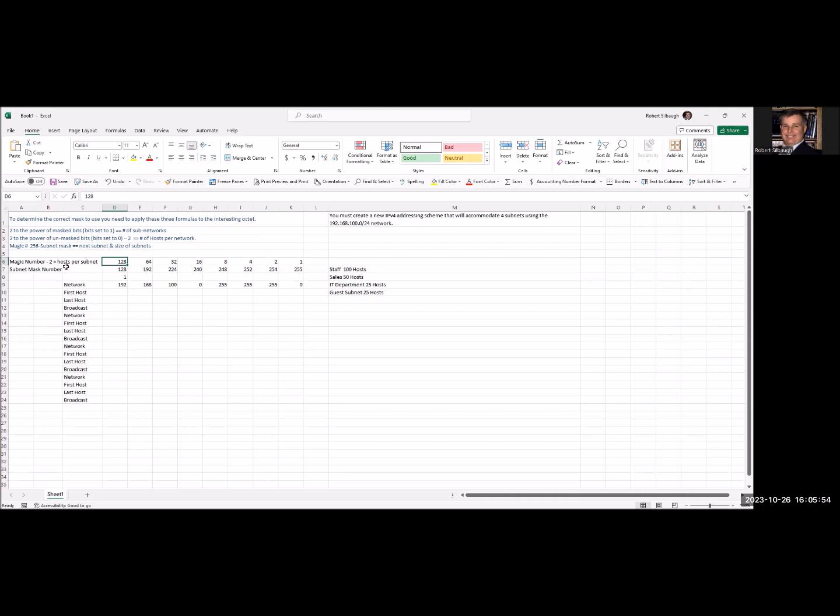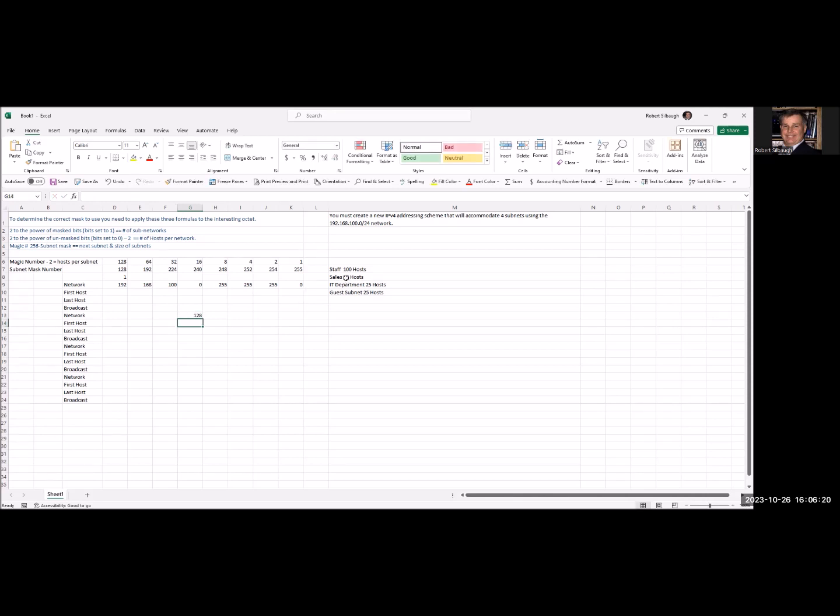And our magic number not only tells us our number of hosts or number of addresses per network, it also tells us the start of the next network. So if we come down here and go to the next network, we're starting with 0. We add 128 to 0. We come up with the next network we use will be 128.